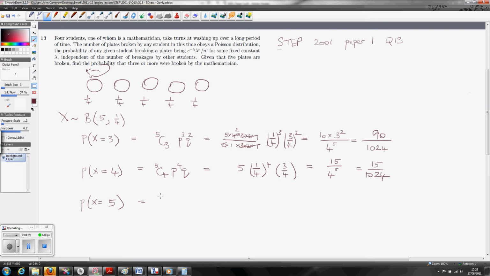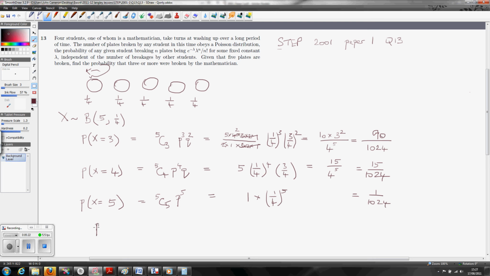And the last one, the probability it's 5 is the easiest of all. That's 5c5, p to the 5, q to the nothing, forget that. 5c5 is 1 times a quarter to the power 5, which is equal to 1 over 1024.